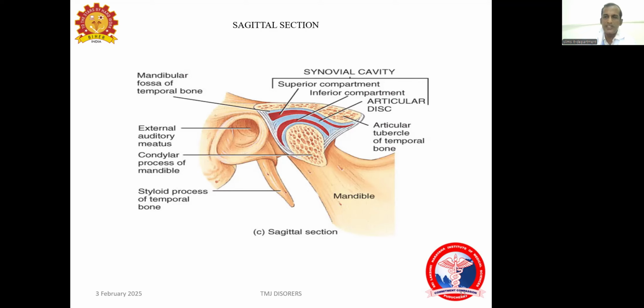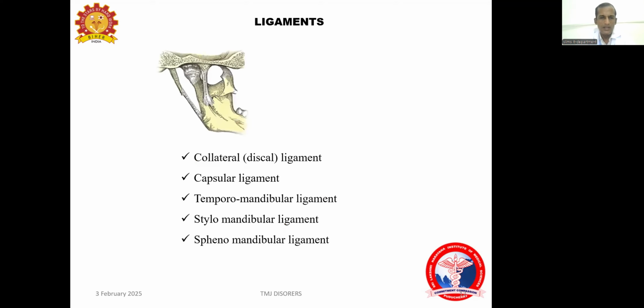That time also the pain will be aggravated. Mostly the collateral ligament, the capsular ligament, and the temporomandibular ligament, most of these ligament pains will be severe.